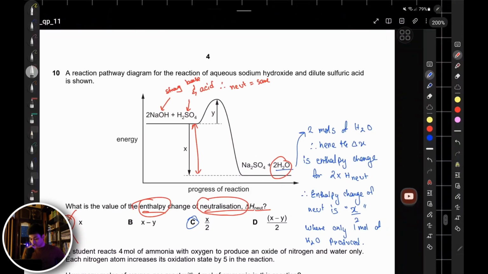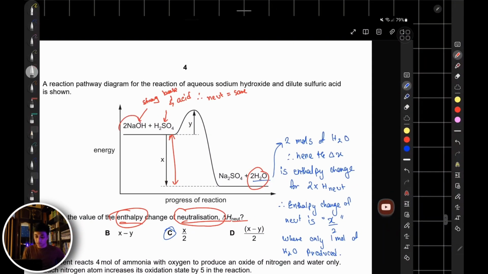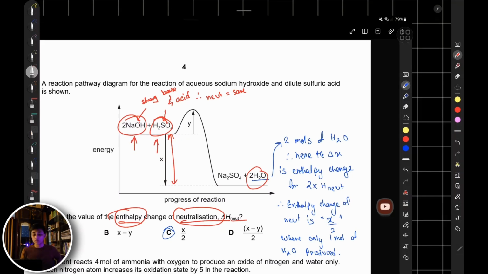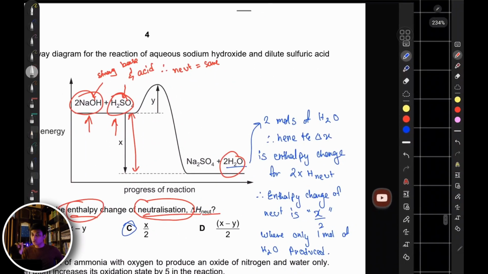Now, the thing is, all of these are aqueous. Why? They are soluble in water. NaOH is a strong base and H2SO4 is a strong acid. So, since they're soluble, they're already aqueous, and they are already ions in the reaction vessel or in the solution.